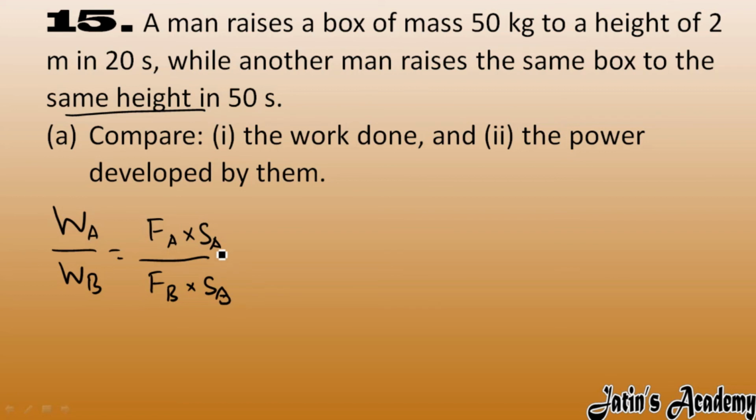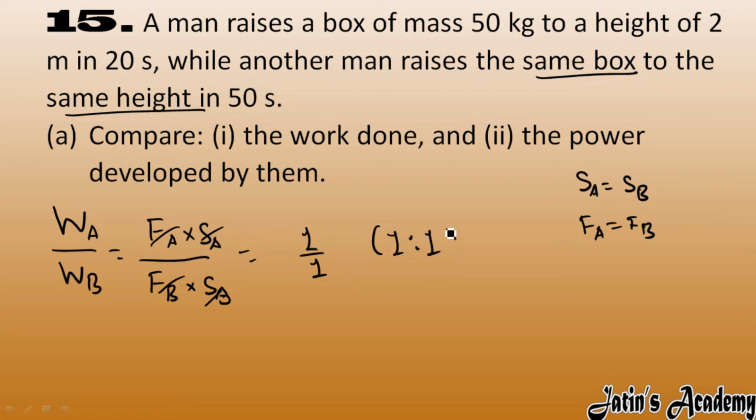Next they are saying that another man raises the same box, means force is also same. If boxes are same, then they are applying same force. So both are same, and we got the answer as 1 by 1, means 1:1. Clear?